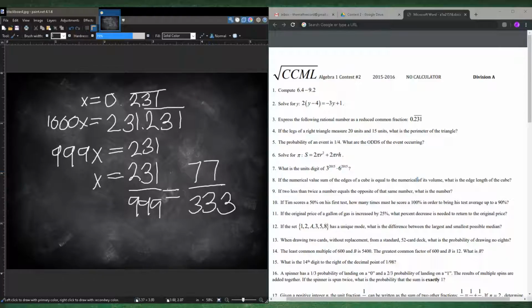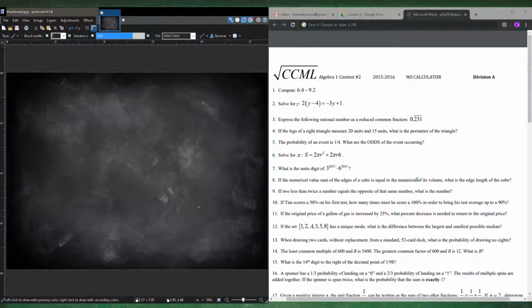Now 77 is just 7 times 11. The 333 is not divisible by 11, but is it divisible by 7? 7, 14, 28, 35, 42, 49, and then 53. Nope. So this is the reduced form, 77 over 333. Okay, that's the answer for 3.